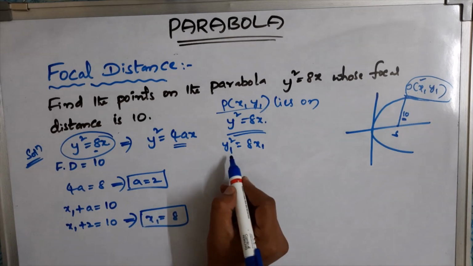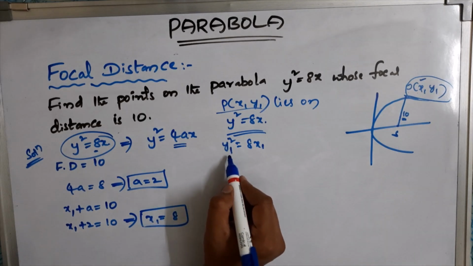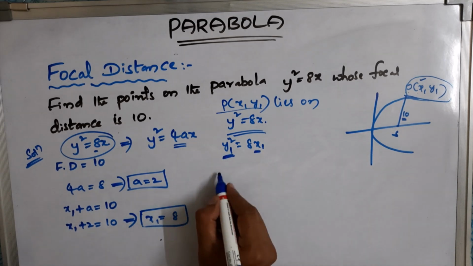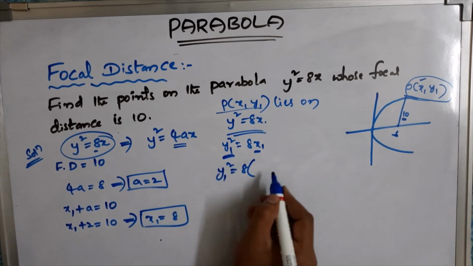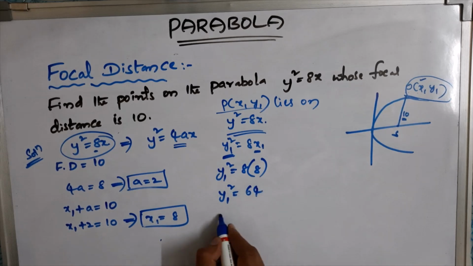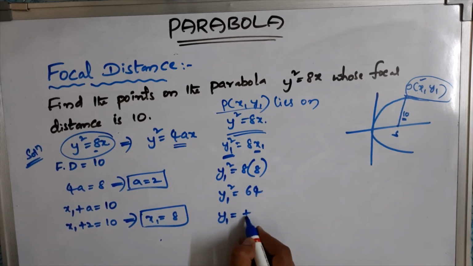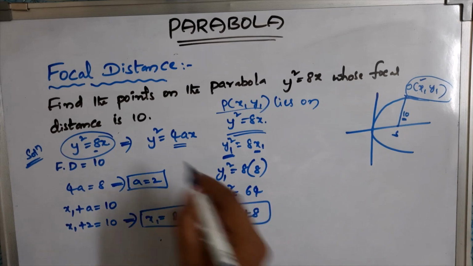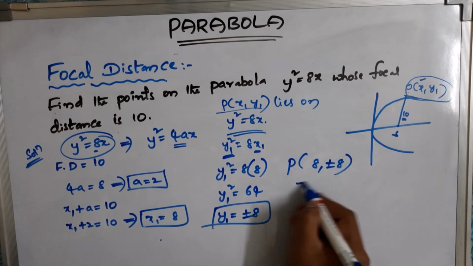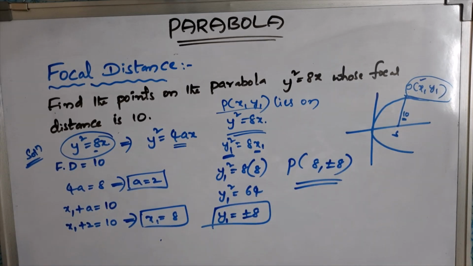Now to find the value of y1, substitute the value of x1 in this equation. y1 squared equals 8 into 8. y1 squared equals 64. y1 equals plus or minus 8. So the points are (8, plus or minus 8). Did you get it? In this way you are going to find the points on the parabola whenever the focal distance is given.